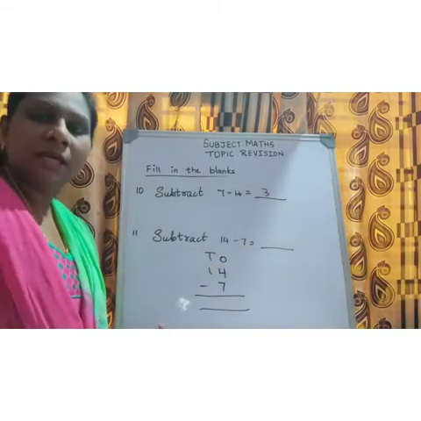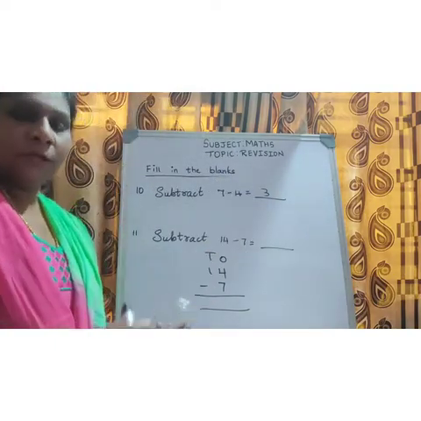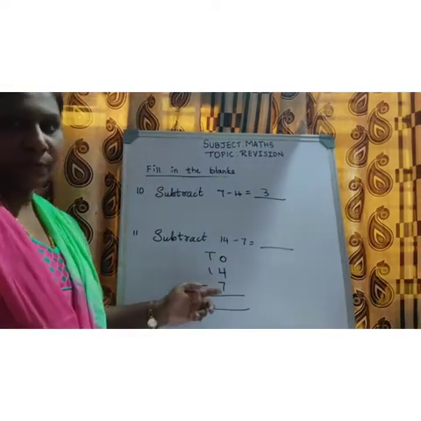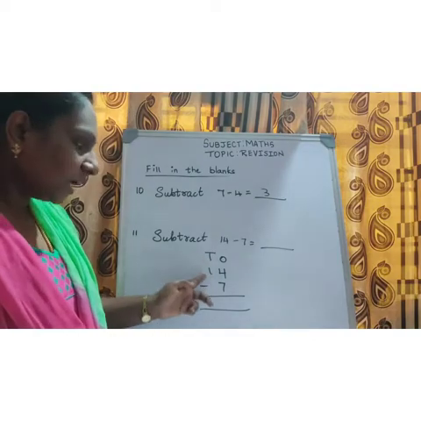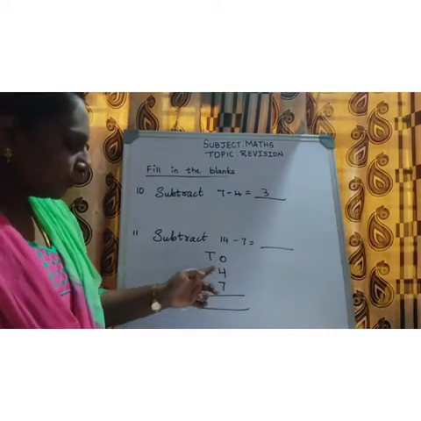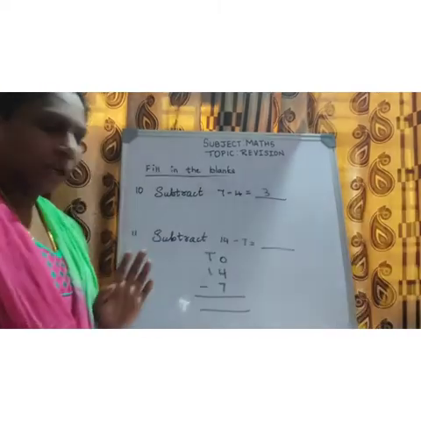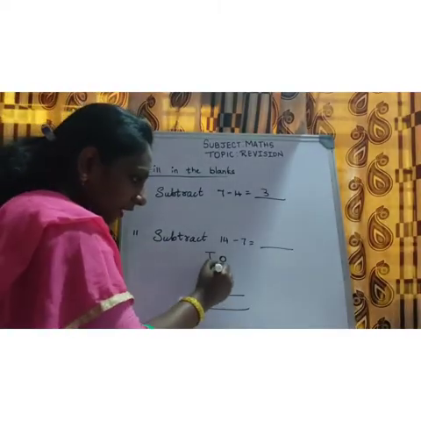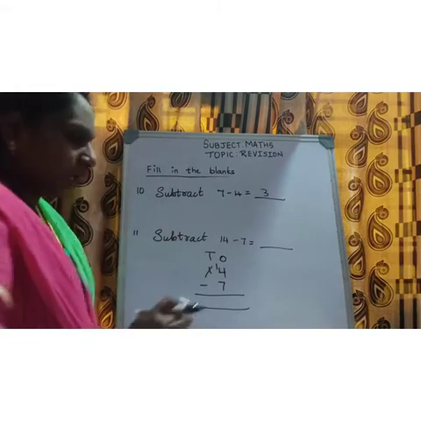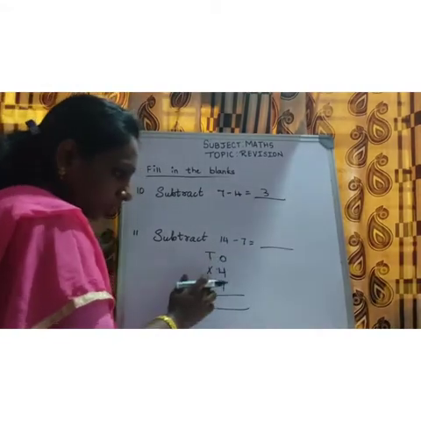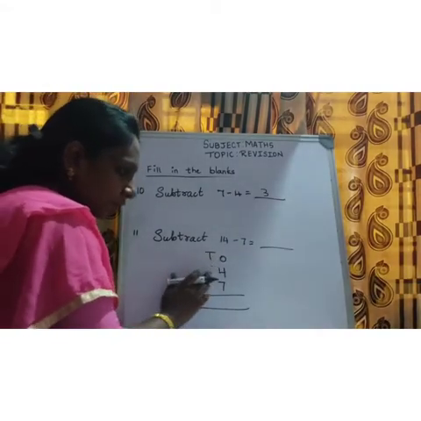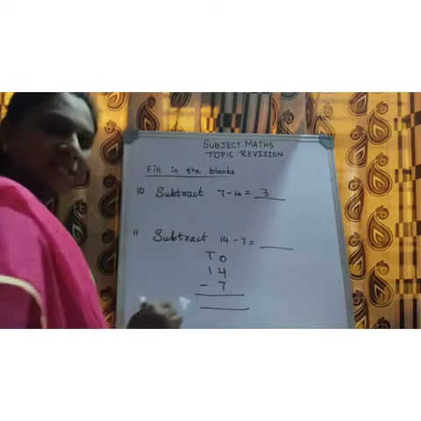You can't take 7 from 4 because 4 is a small number and 7 is a big number. So what you should do, you should take 1 from the next number. But here you don't have it, I am taking 2 numbers together only. Even if I cancel and write here, once again it will be 14. Here also you don't have the number, so I am going to take 14 itself and subtract 7.